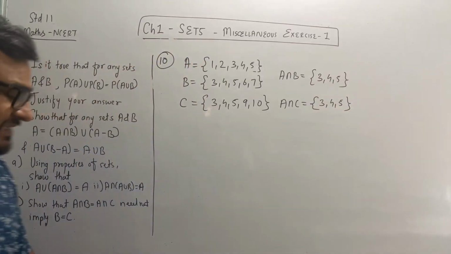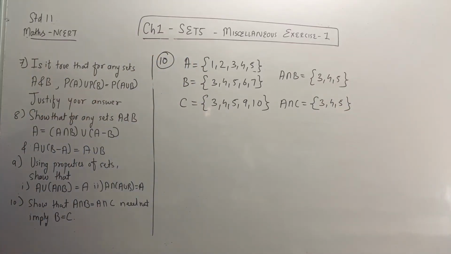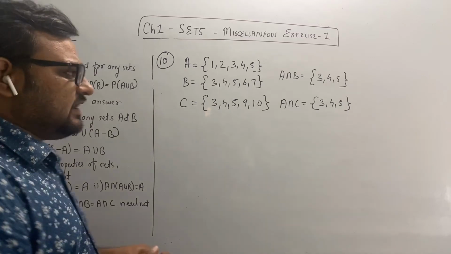So see, we had selected the sets A, B, and C such that A intersection B is equal to A intersection C, and that is equal to 3, 4, and 5.